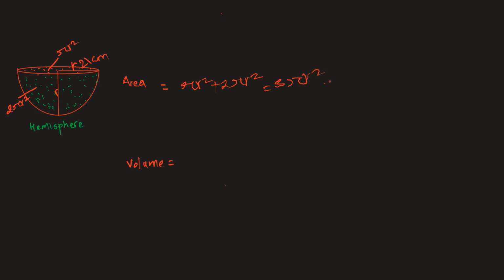If we replace r with 21, we get 3 times 22/7, the value of pi, and r is 21 centimeter. If we square it and calculate it by using the calculator, we can find 4158 centimeter square. So this is the area of a hemisphere.